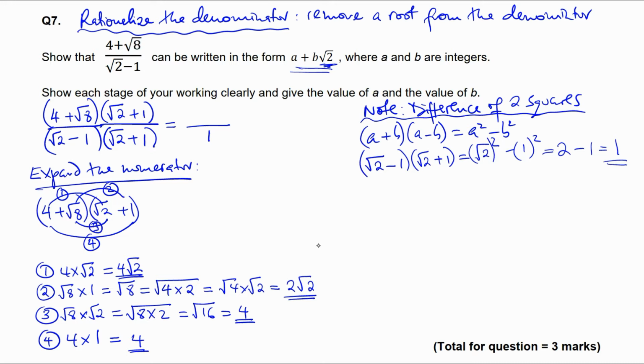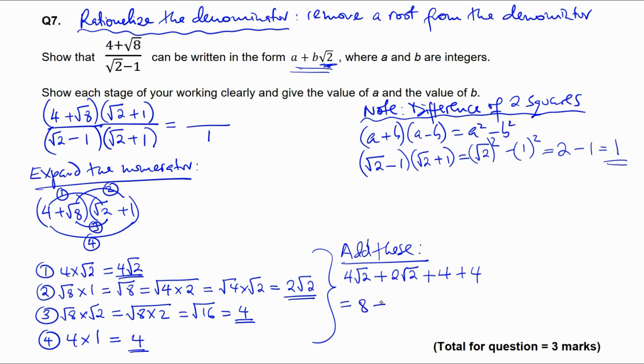Okay. Now, if you add this together, you'll end up with 4 root 2 plus 2 root 2 plus 4 plus 4. Now, I know 4 plus 4 is 8.